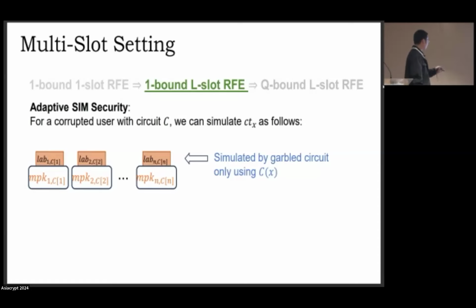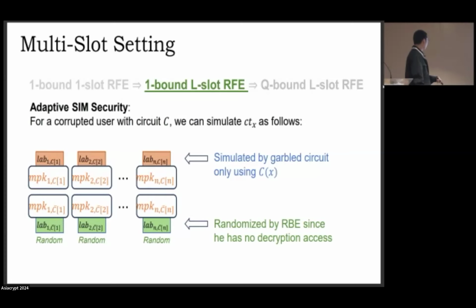So they are simulatable just using the function value. And for the other half of labels, this particular user has no differential access, so we can randomize these labels just using RBU security.